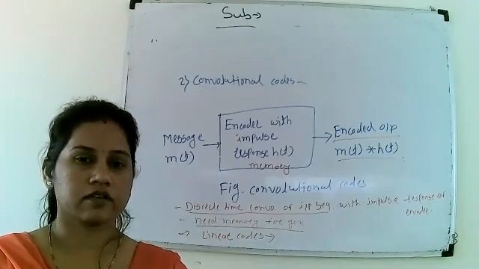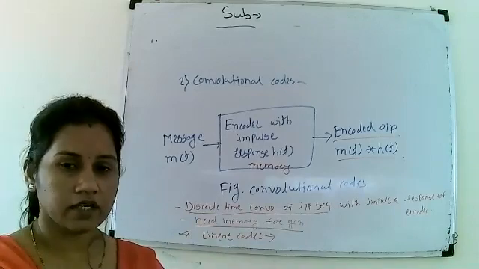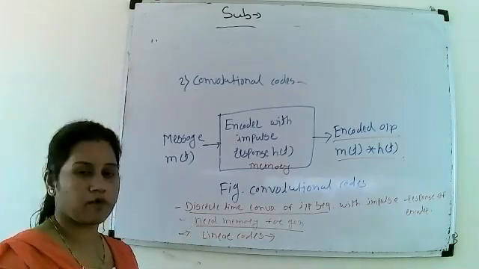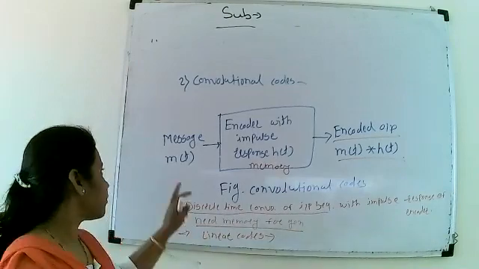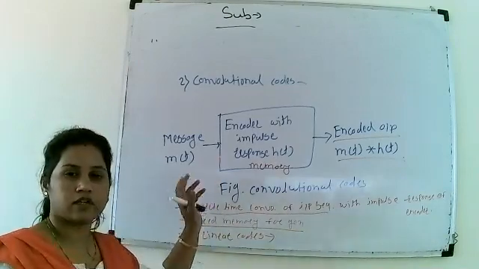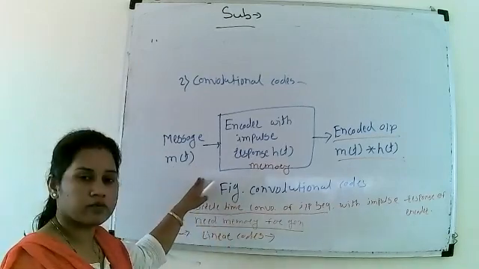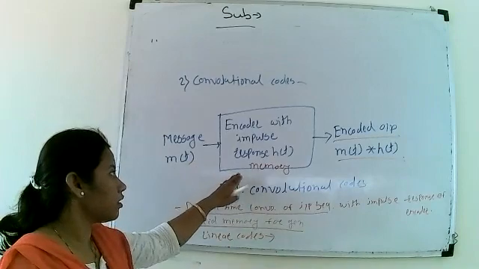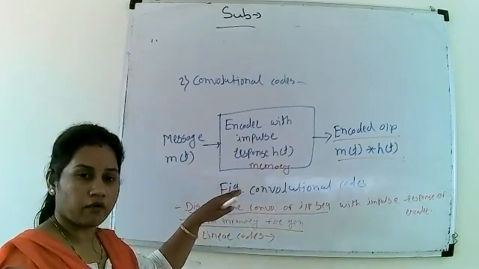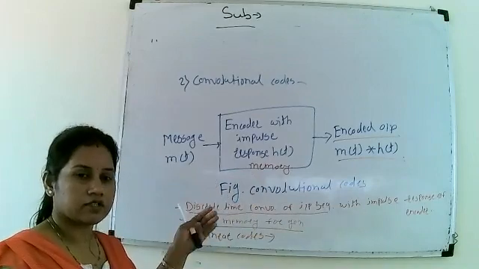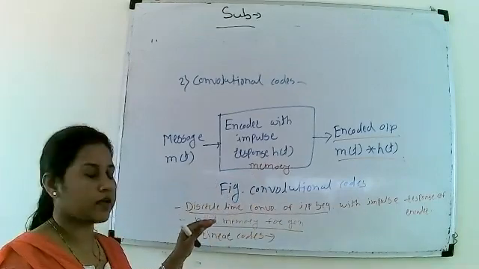Then we discussed the convolutional code. In the convolutional code, we have an encoder with impulse response h of t, and the given message m of t should be a discrete input sequence. There is a need of memory in the convolutional code, and in the memory the impulse response is generated.